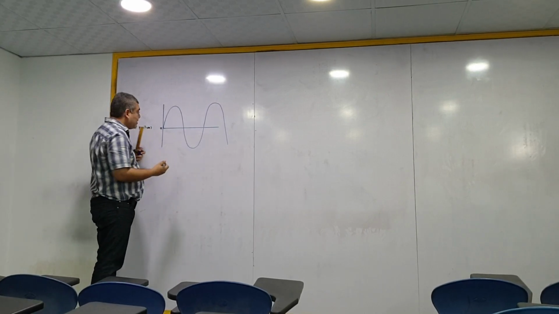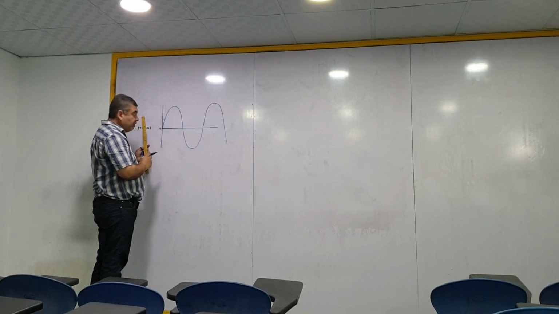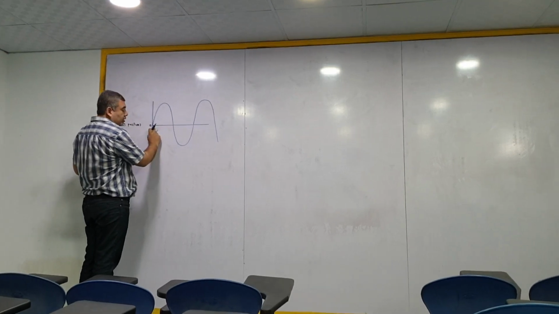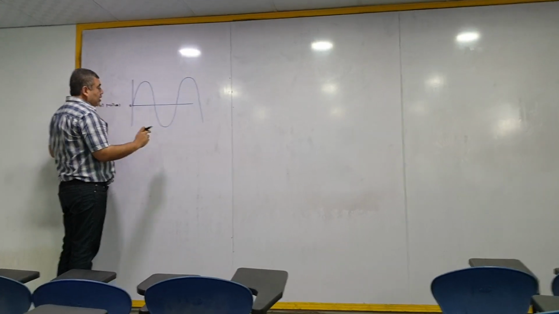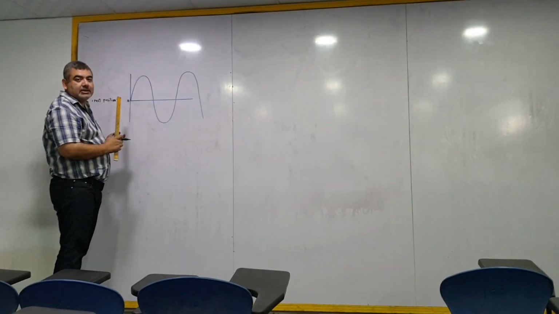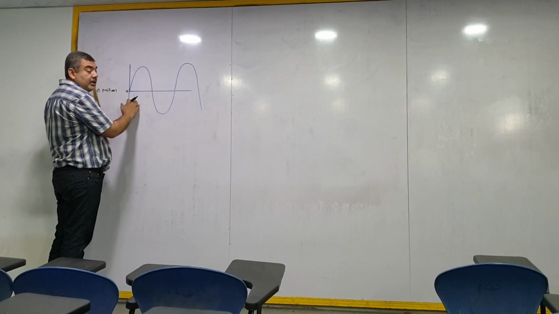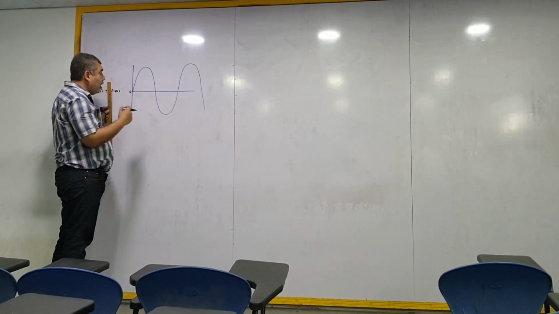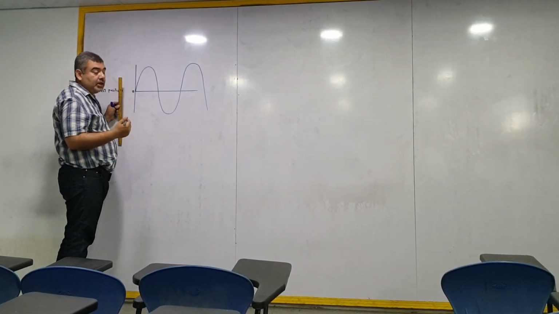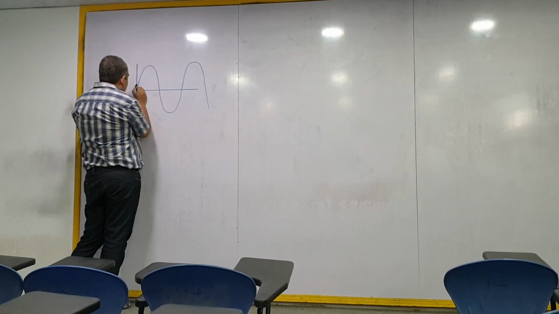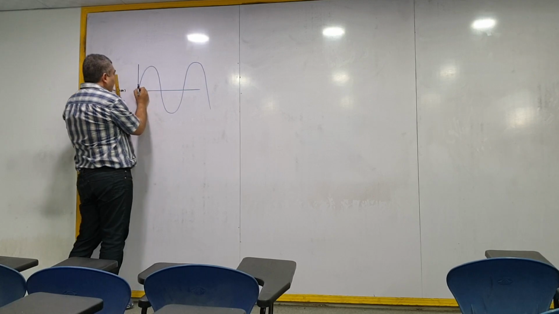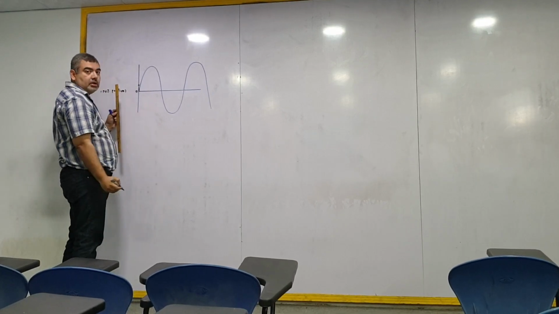Whenever particles vibrate, they move up and down. If this is the mean position or rest position, these are the 2 extreme positions. Velocity is maximum at rest position. So how am I going to show that velocity? Velocity is shown with the help of an arrow. If it's greater, I increase the length of the arrow a bit.